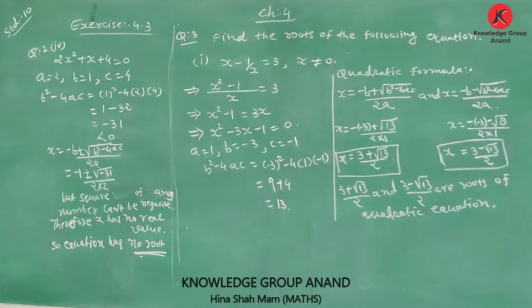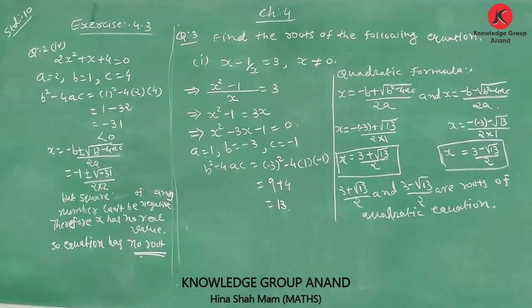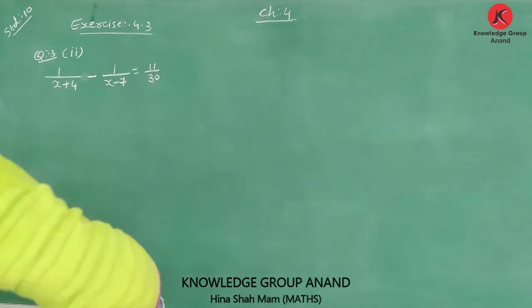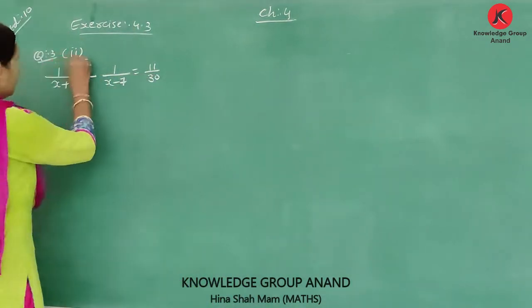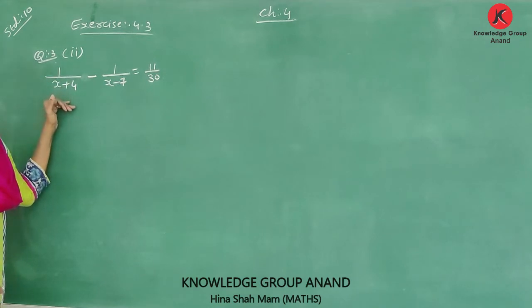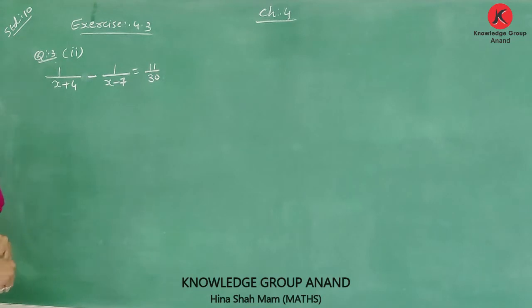Now, question number 2. 1 upon x plus 4 minus 1 upon x minus 7 is equals to 11 by 30.